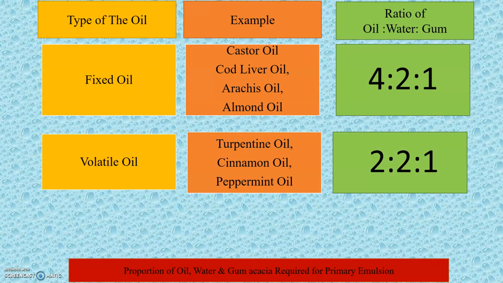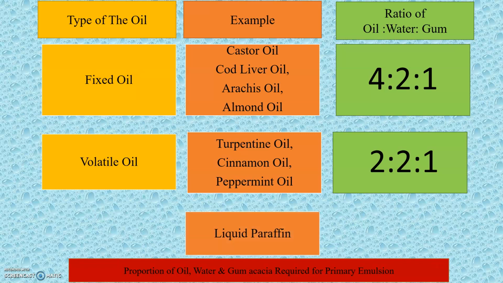That means how much quantity of oil you are going to take, that much quantity of water you have to take, and half the quantity of water you have to take of gum acacia. Say for example, if you are taking 8 ml of oil, you have to take 8 ml of water and 4 grams of gum acacia.